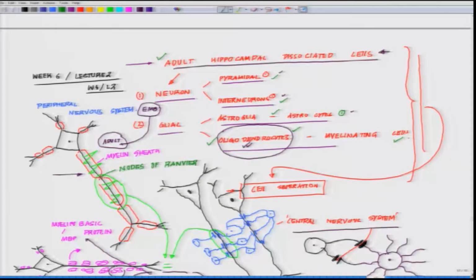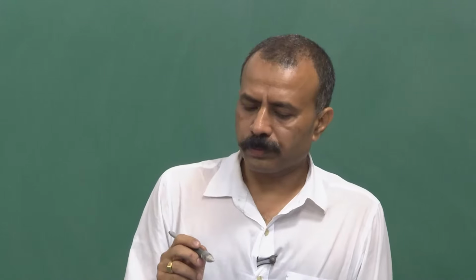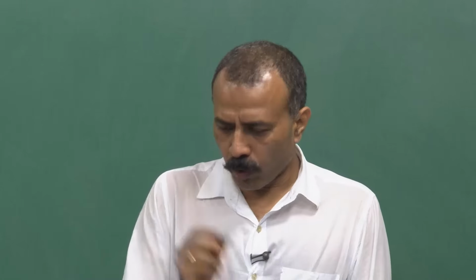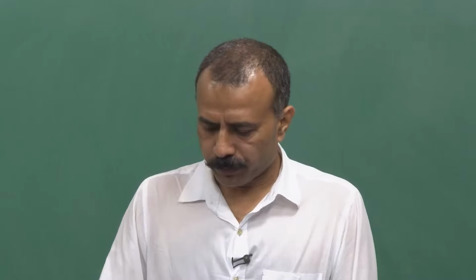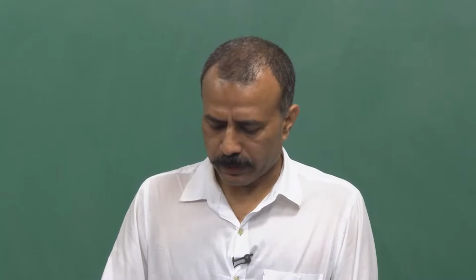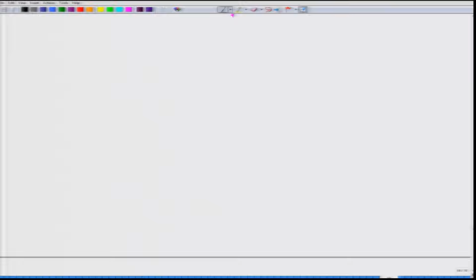First of all you dissociate these cells, and we have talked about the dissociation protocol. Next, once you have dissociated these cells, how can you separate out the cells? One of the ways, I will come to that. Now, we are into week 6.